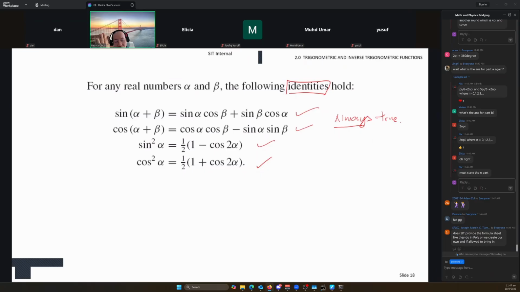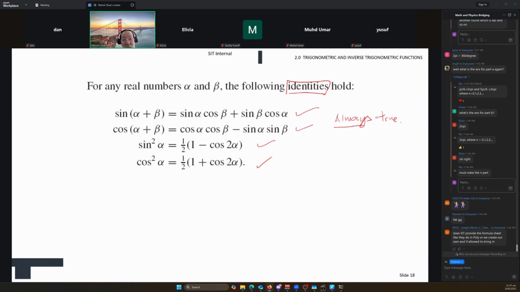When the value of, let's say, x falls within a certain range, then these equations are applicable.